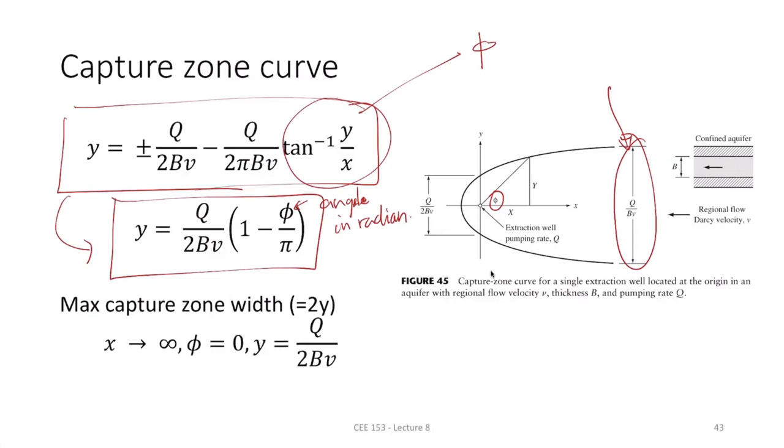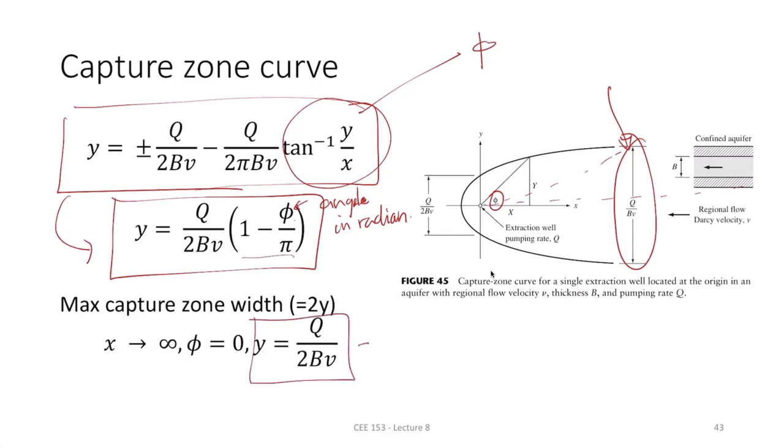So if you think of what the width is, as x becomes infinity, that means the phi is going toward 0. Imagine this is infinity, x infinity, this phi approaches 0. When you put phi equal to 0, this term equals 0, then this entire term becomes 1. So that means the y, the maximum width, will be Q over 2bv.